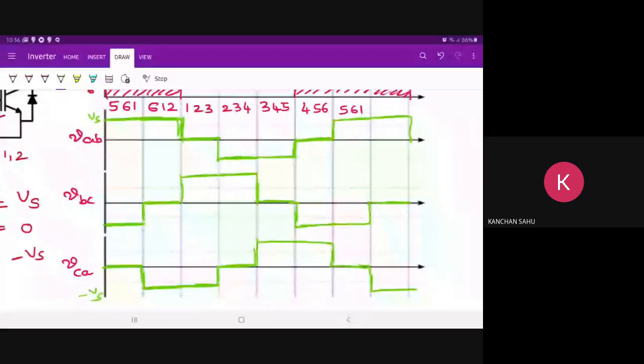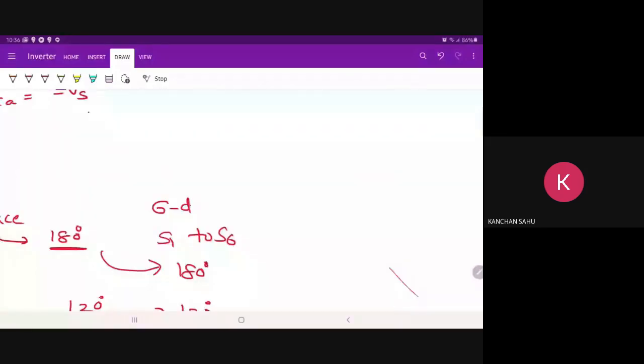The waveform will be something like this. Here the voltages are varying from plus VS to minus VS, and for some 60 degrees interval in each half cycle, its value is 0. So the waveform will be something like this.